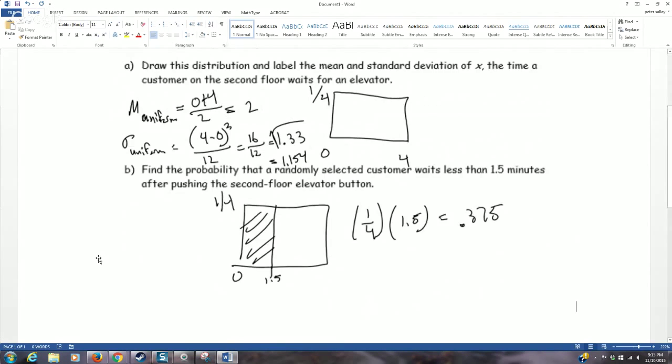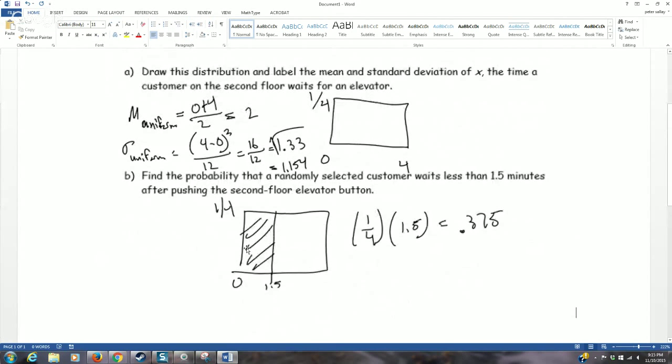And then part B, once we have this distribution drawn, then I can come over here and it says find the probability of someone waiting less than 1.5 minutes. So I want to know what percent of this rectangle is between 0 and 1.5. So I'm trying to find that area.